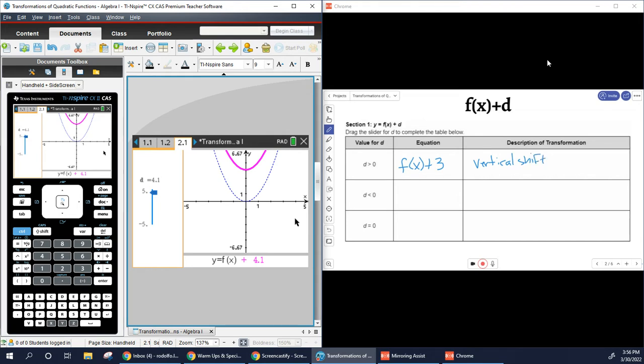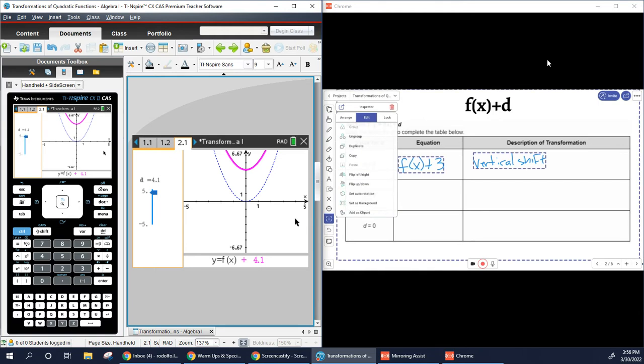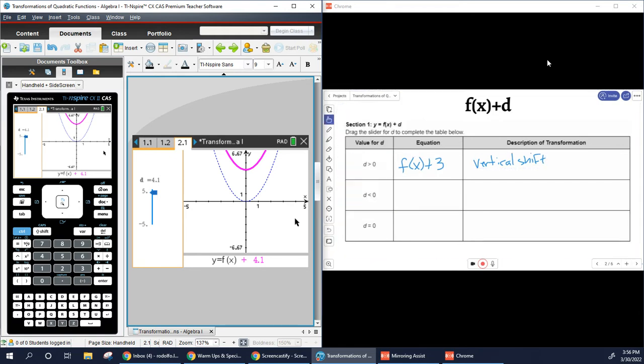This is a vertical shift, and we're going to move up. Let me just erase this real quick because my handwriting is a bit off. Vertical shift up 4 units.